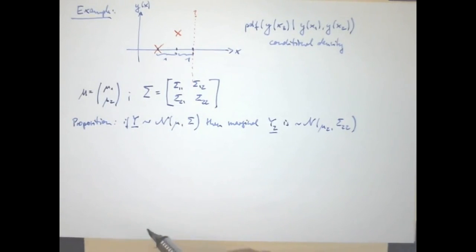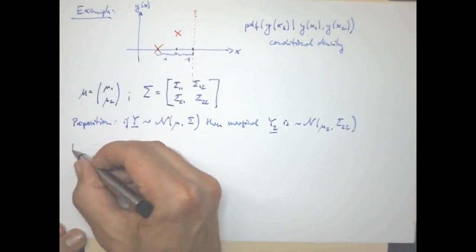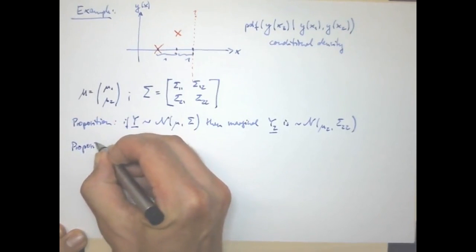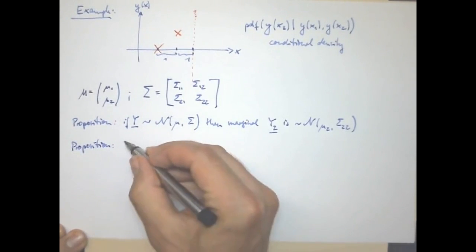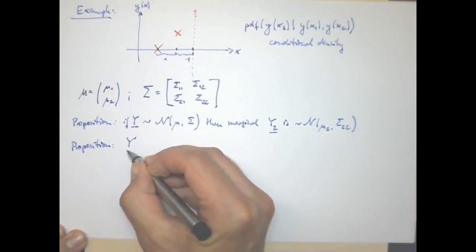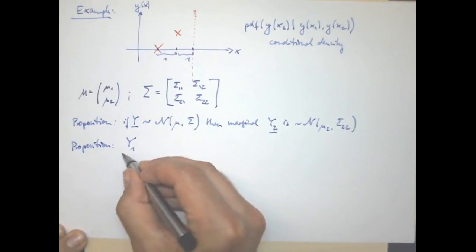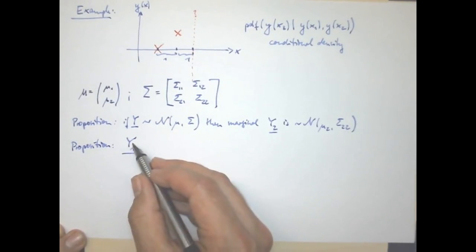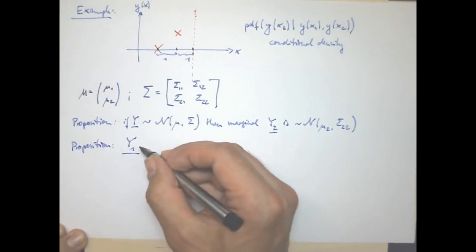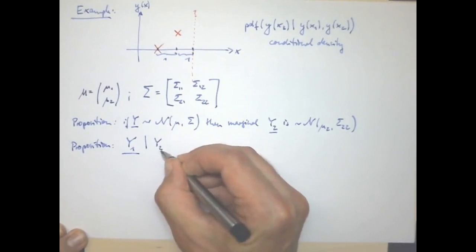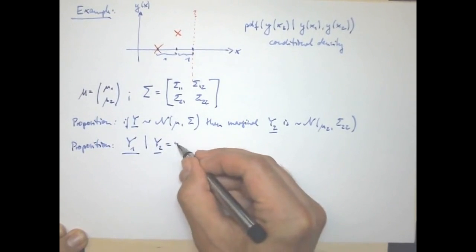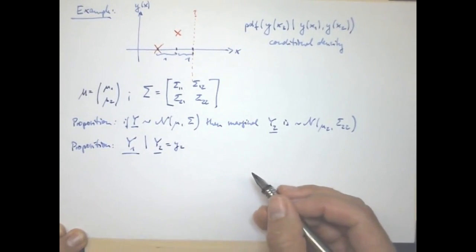Okay, now comes the more difficult part. We are interested in the conditional distribution of y1, given that for our random variables y2, we have a realization y2.